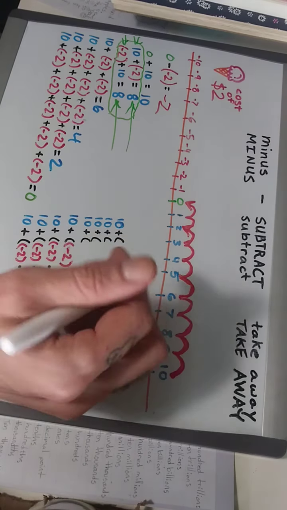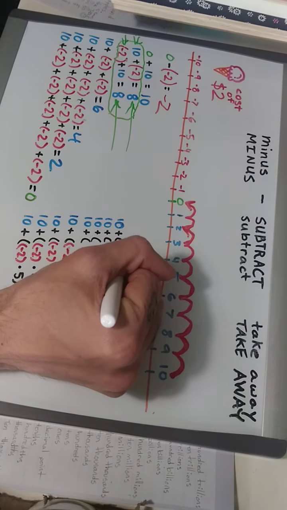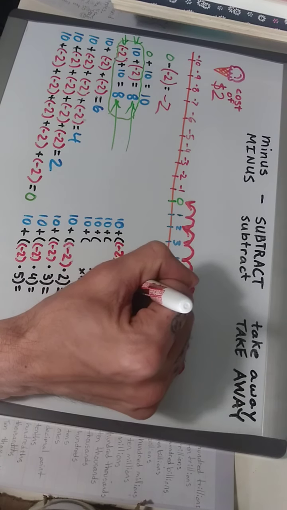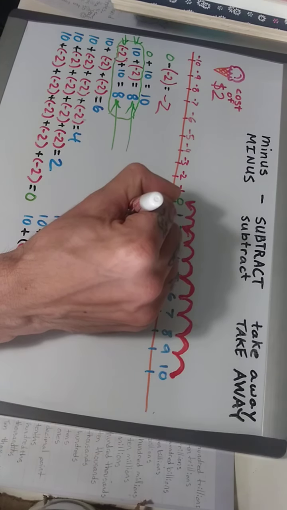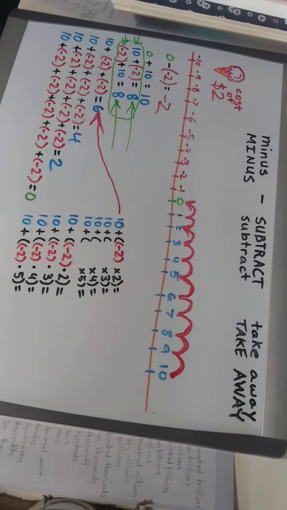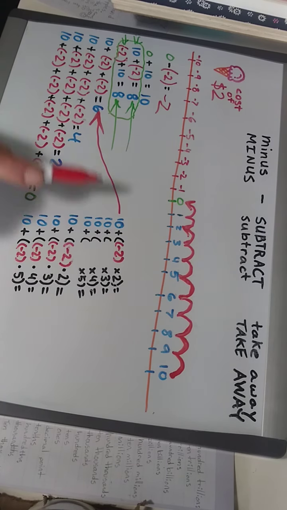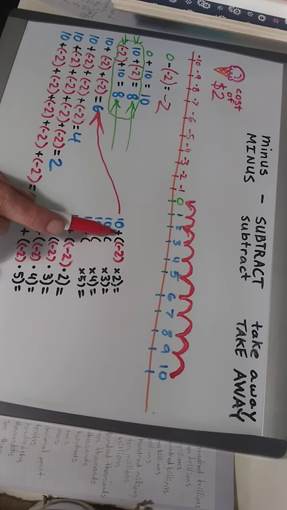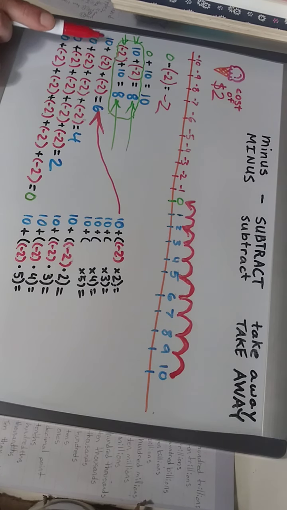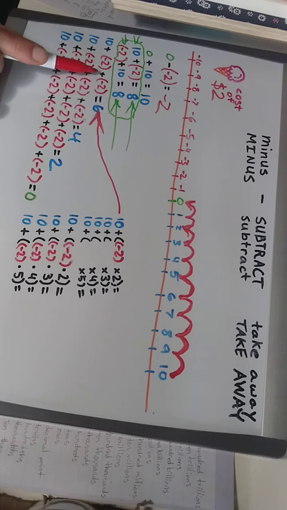So in this way, you could say 10 plus negative 2 times 2. That's the same as this equation, because we're adding negative 2. We're doing 10 plus negative 2, 2 times.